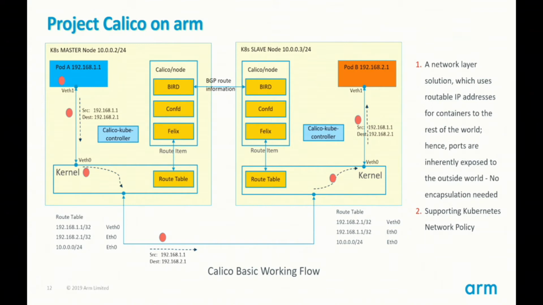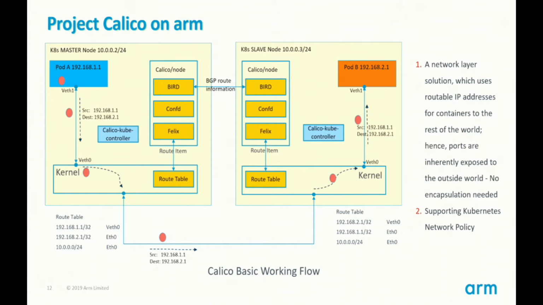It's a network layer solution which uses routable IP addresses for containers to the rest of the world. Hence, pods are directly exposed to the outside world, no encapsulation needed. It has a direct route table in every host to direct the packet routing for the containers.